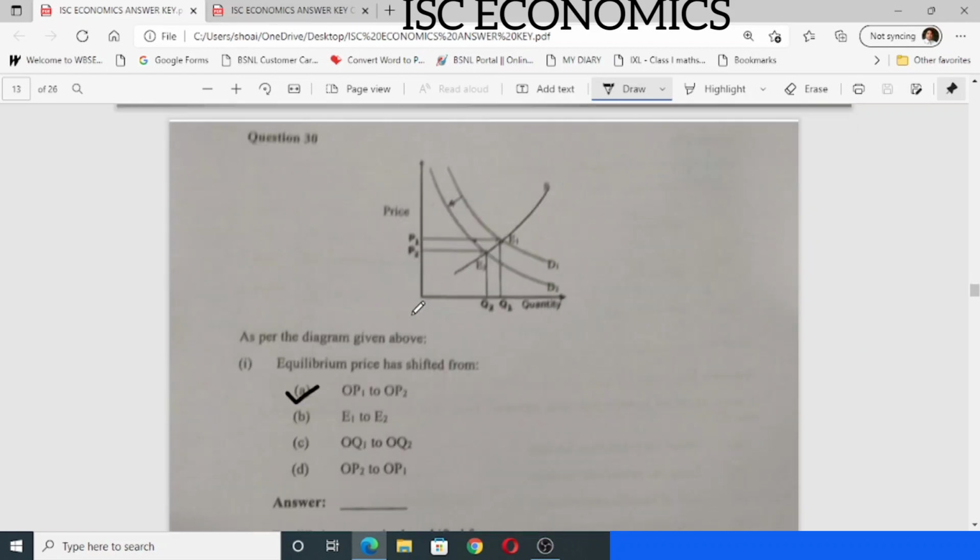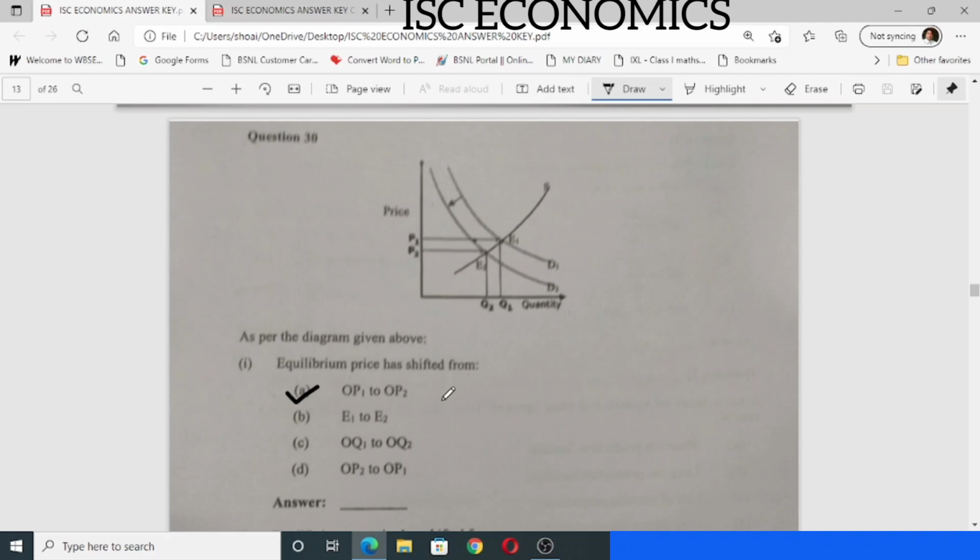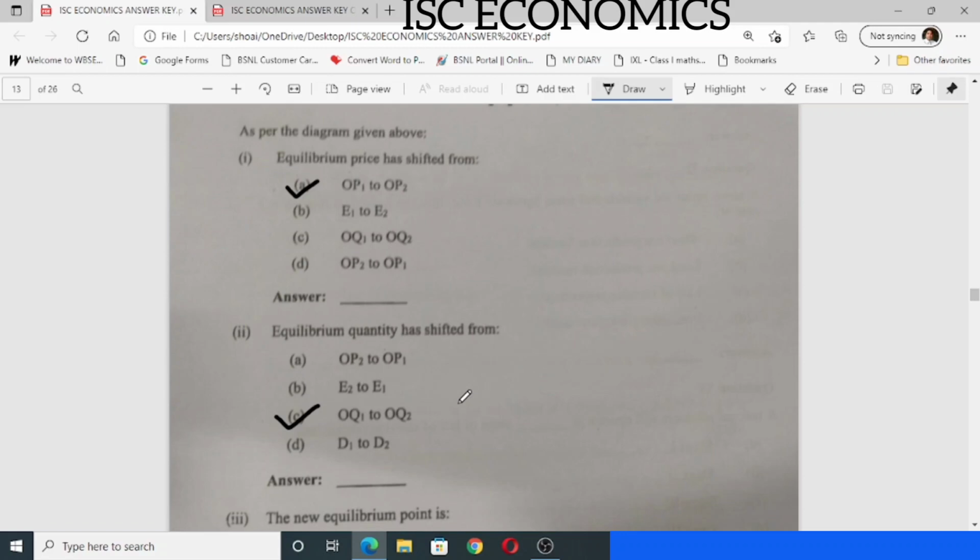30. Let me read out. As per the diagram given above, number 1, equilibrium price has shifted from A, OP1 to OP2. Number 2, equilibrium quantity has shifted from OQ1 to OQ2.